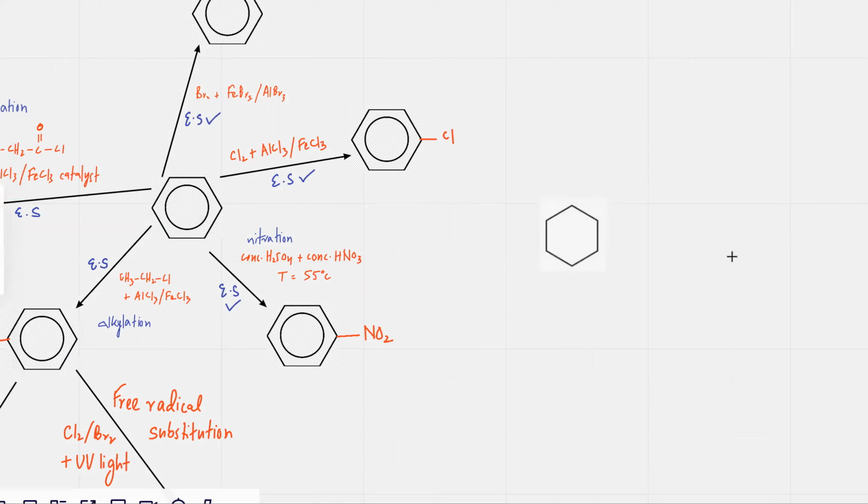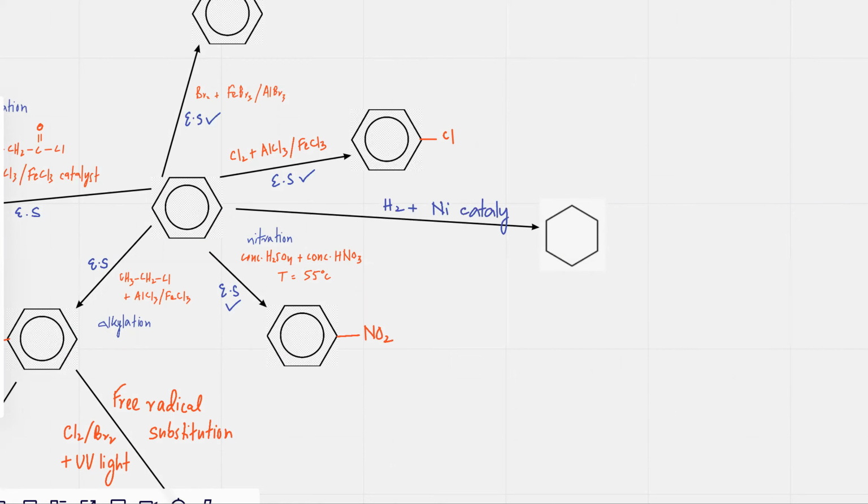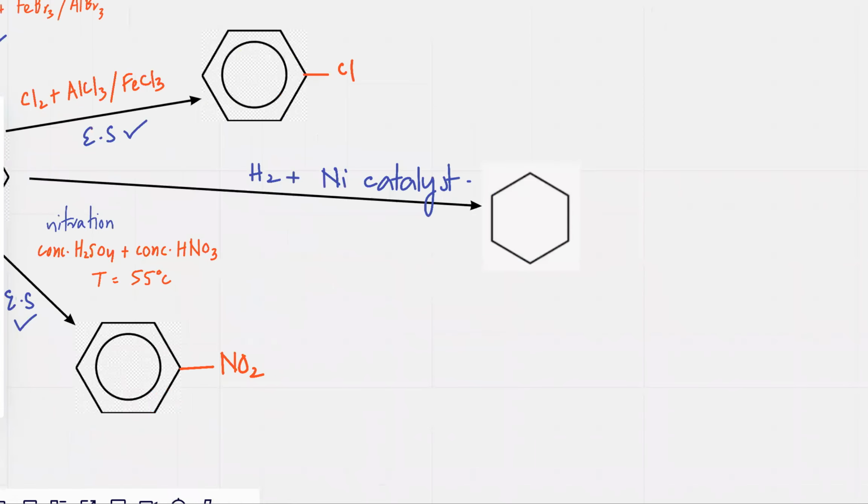We can convert that into a cyclohexane if we hydrogenate this. And to hydrogenate this, it's going to be H2 plus a nickel catalyst. That is about it. So you'll get a cyclohexane, which is going to be a saturated molecule.